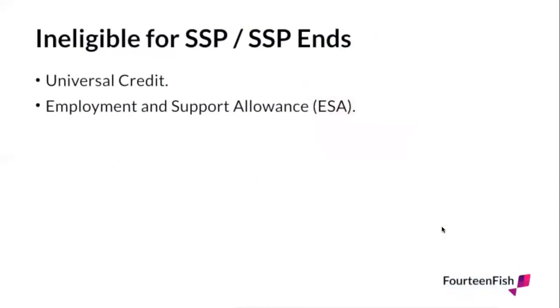Patients who are ineligible for statutory sick pay, or if their statutory sick pay ends after that period of 28 weeks, may then be able to apply for universal credit, or what's known as Employment and Support Allowance, also known as ESA for short.